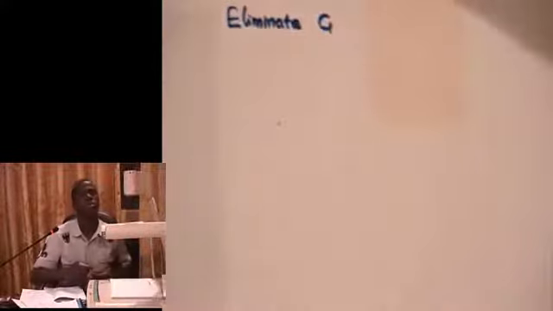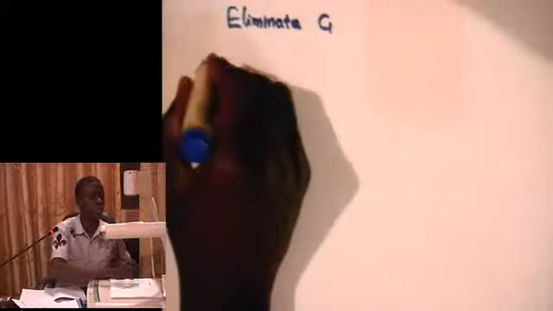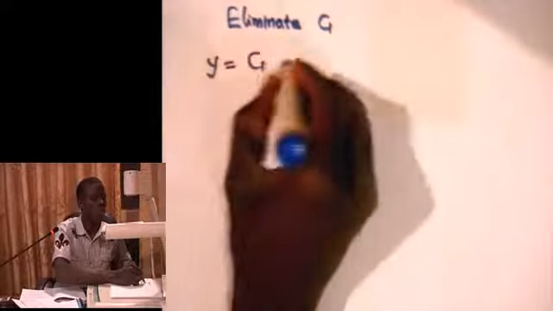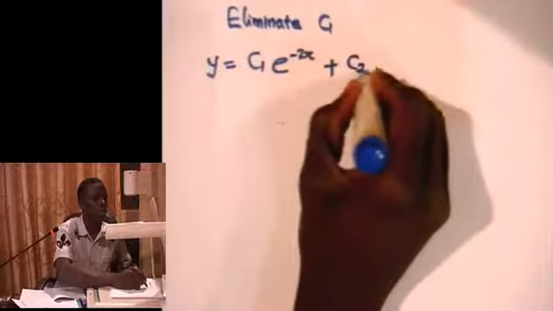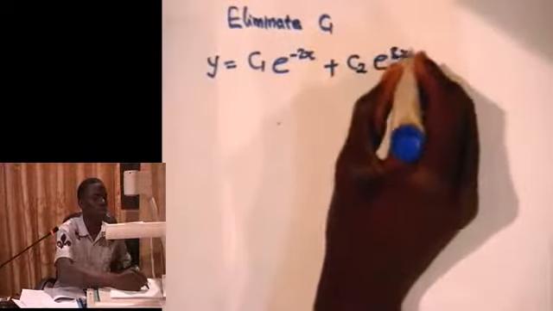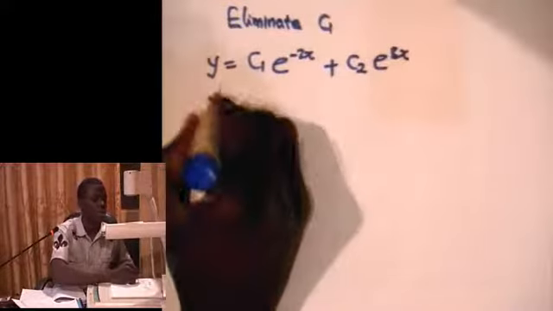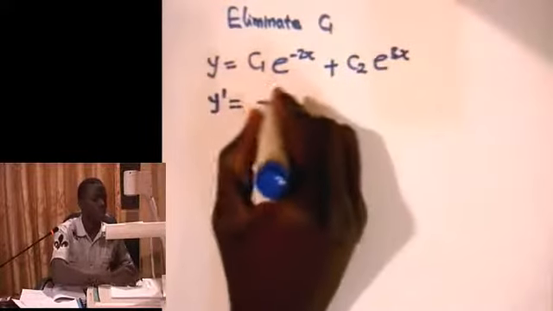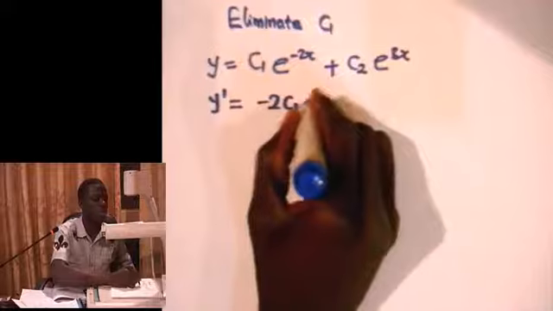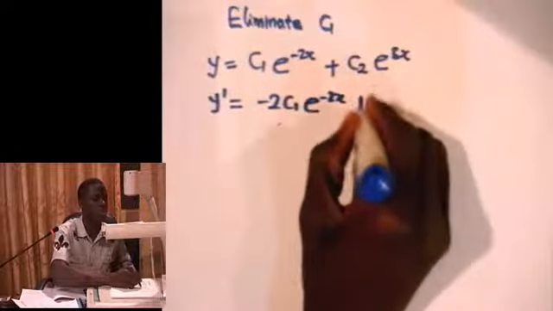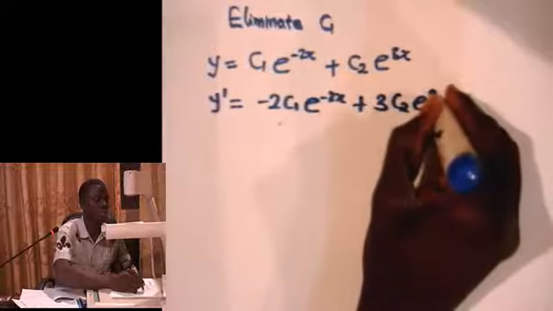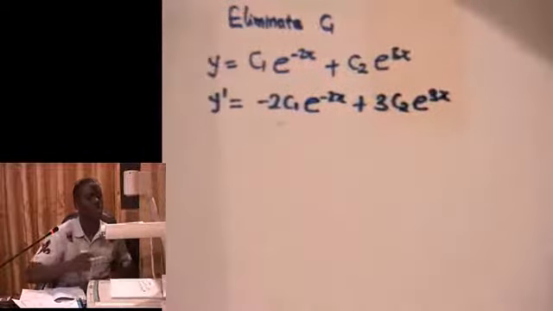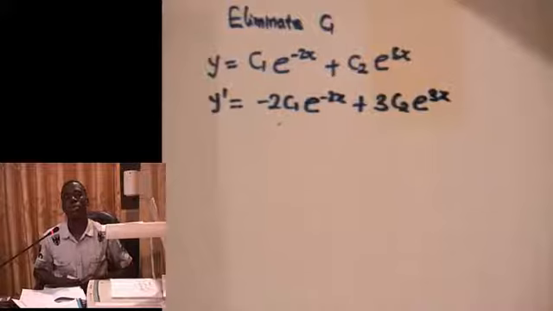Let's pick two equations: y equals c1 e raised to power minus 2x plus c2 e raised to power 3x, and y prime equals minus 2 c1 e raised to power minus 2x plus 3 c2 e raised to power 3x. Now we have these two equations, we can solve them simultaneously.